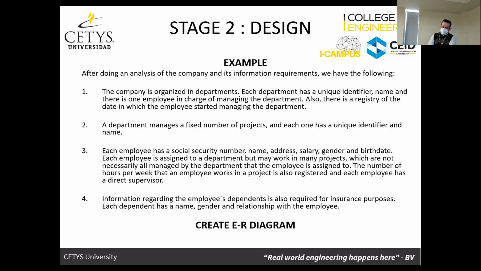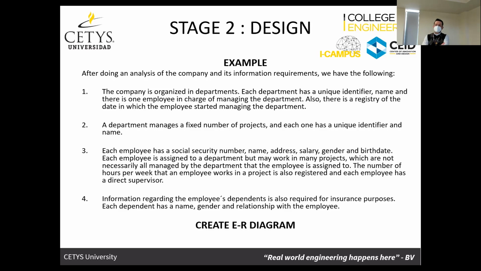Departments manage projects. Each of the projects has a unique identifier and a name. And the organization has employees. Employees have social security number, name, address, salary, gender, and birth date.